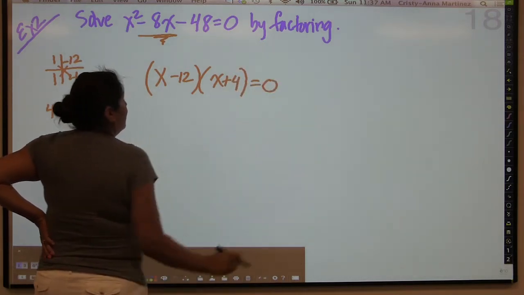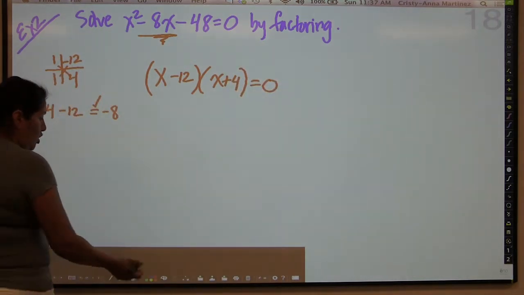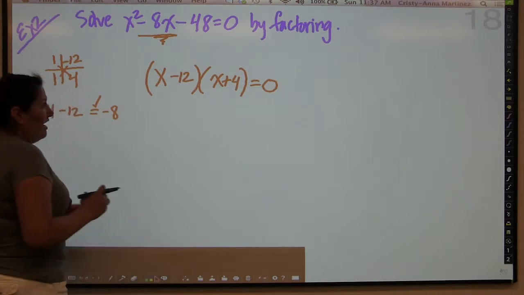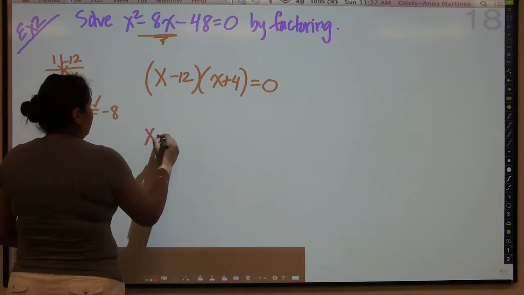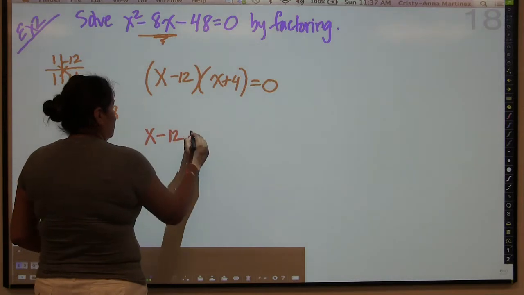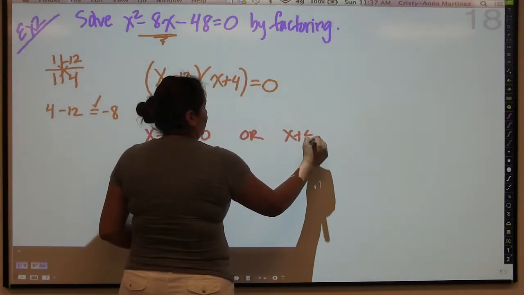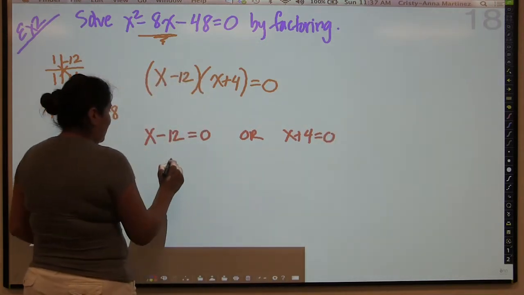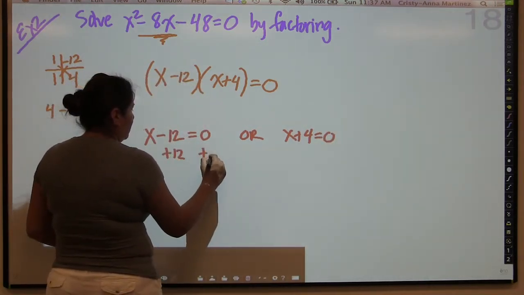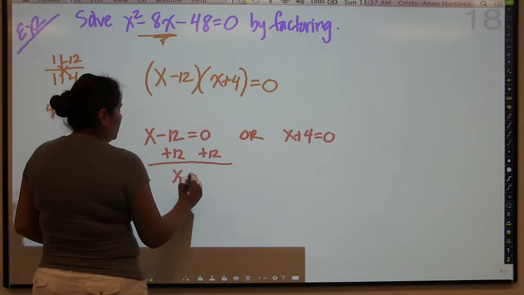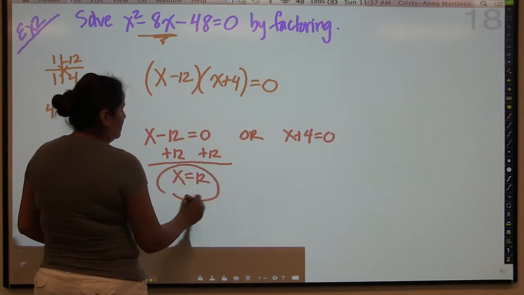And now, like we did in the previous example, we're just going to take each factor separately and solve it individually. So either x minus 12 equals 0, or x plus 4 equals 0. And in this case, I add 12 to the other side. And so x equals 12 is one of my solutions.